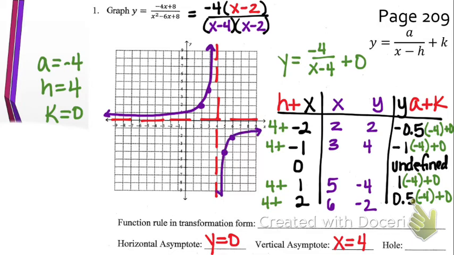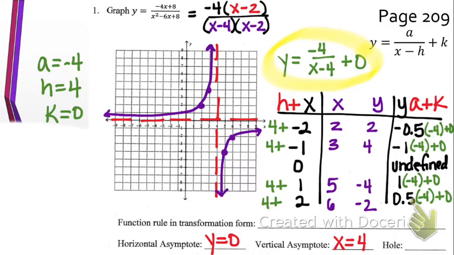Okay, so now let's talk about the hole. So that's the last piece that we need to do. Where it says function rule and transformation form, let me go ahead and write that. I didn't write it on the line, but this is your transformation form right here. So let me write that on the line also.